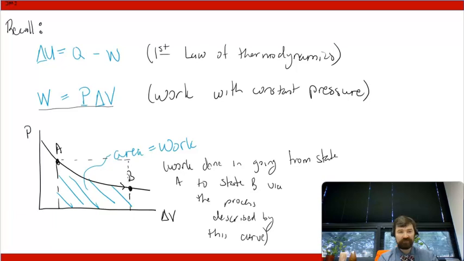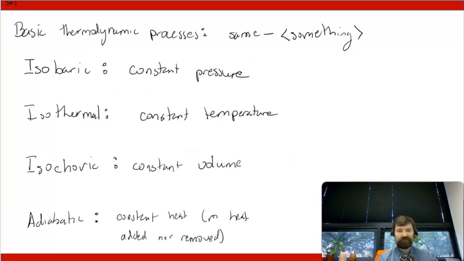This is under constant pressure. So we can already fill in that in this case, work would look like P delta V. It deserves a little more description than that, but I'm going to be very brief because this is meant to be a short video lecture.